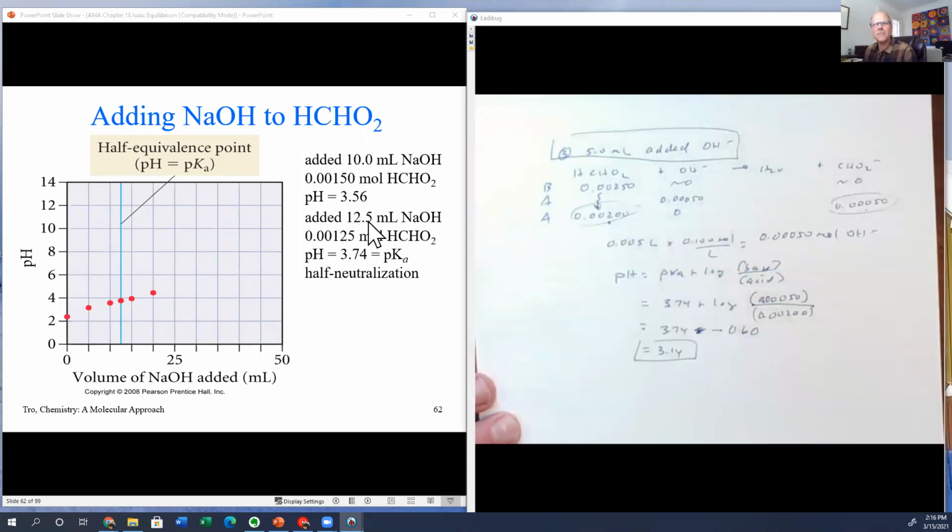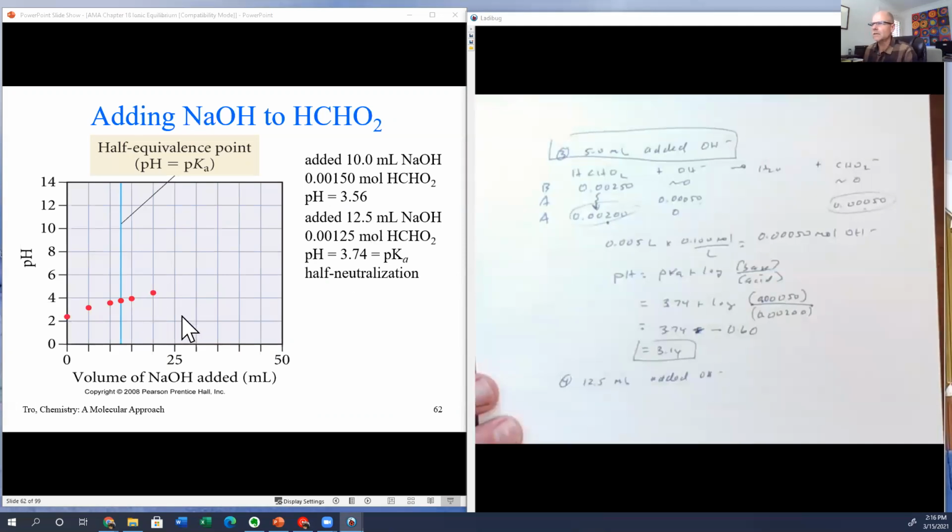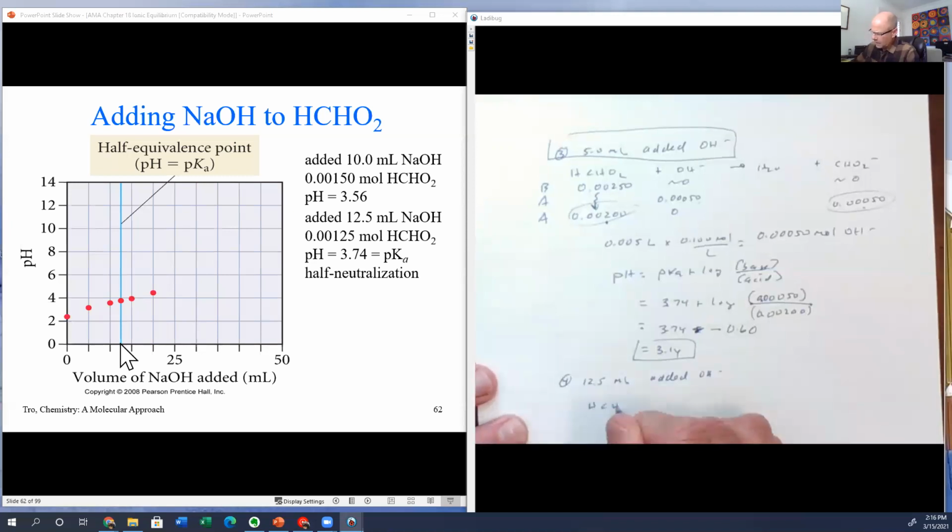Now at 12.5 milliliters, something important happens. So let's do 12.5 milliliters of added OH minus real quick. Notice this is halfway to the equivalence point, which we figured out was at 25 mL. Again, same exact setup with our BCA table.